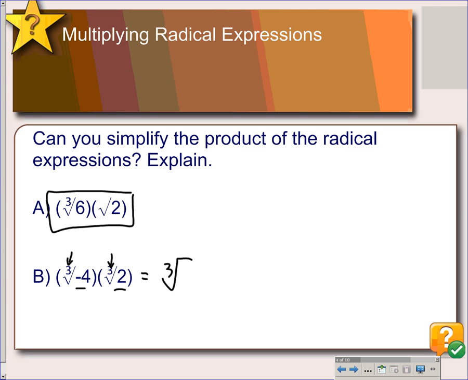So we get the cube root of -8, and the cube root of -8 is -2. Notice that the answer is negative. We get one solution only because the index was odd and the radicand was negative, so our answer is -2.